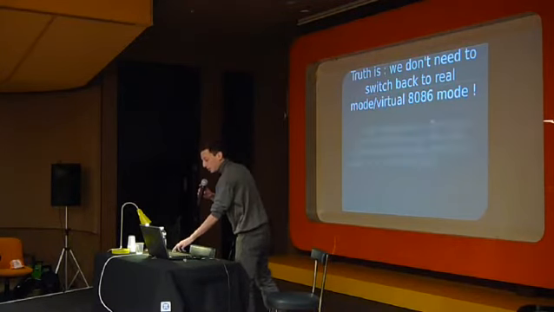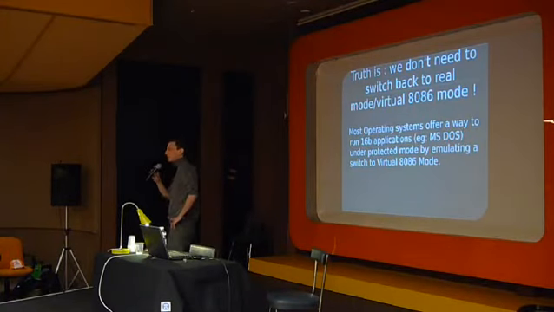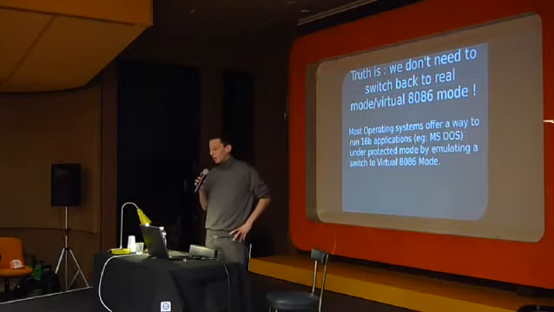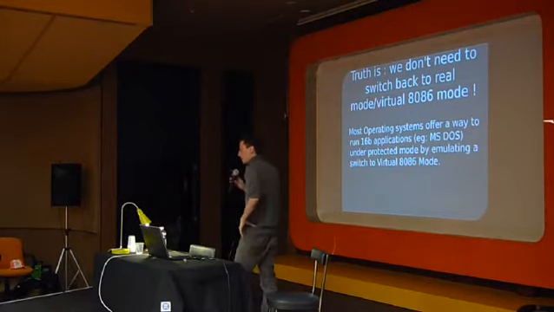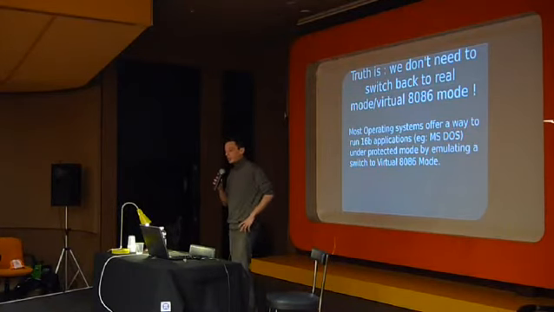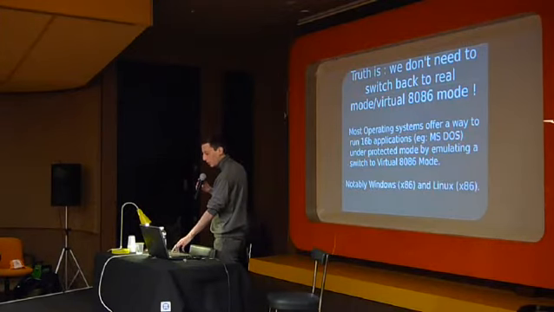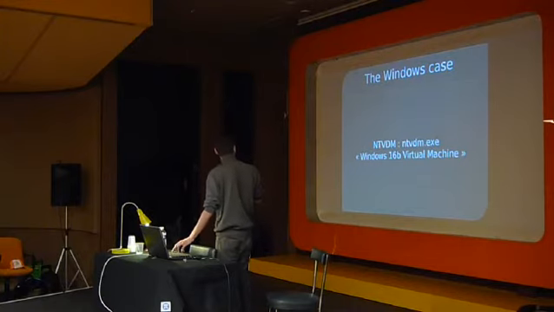But good news is, most operating systems offer a way to access a sort of virtual mode directly, so that users can run 16-bit applications. So for instance, under Windows, you have what's called NTVDM.